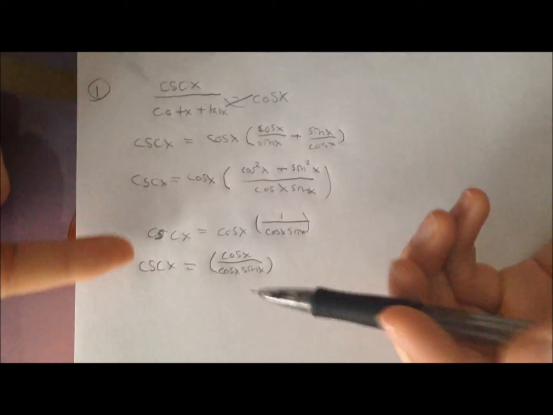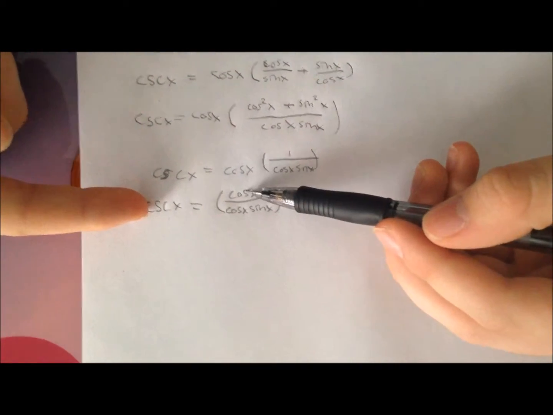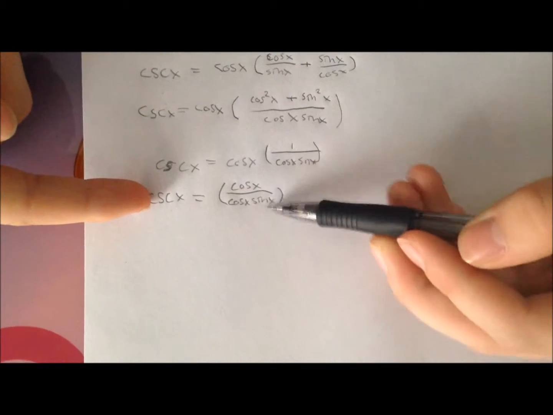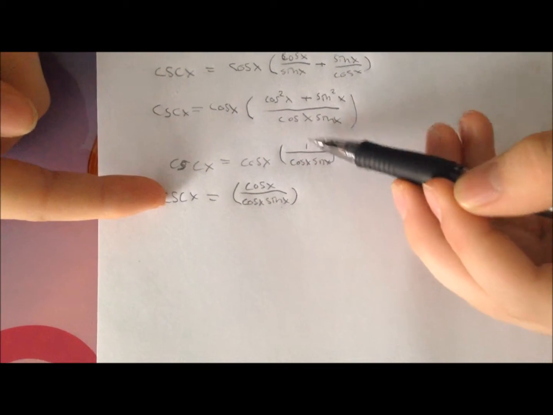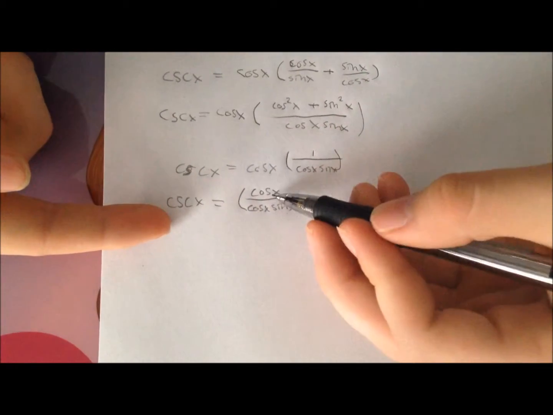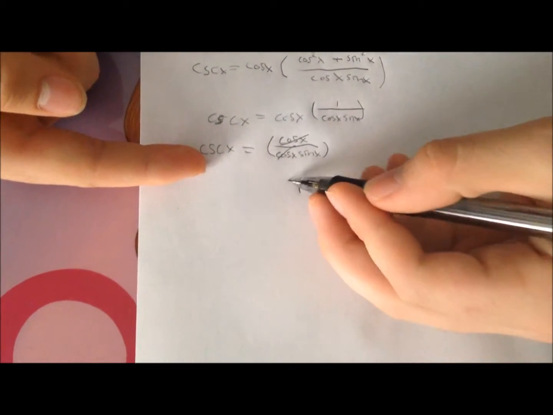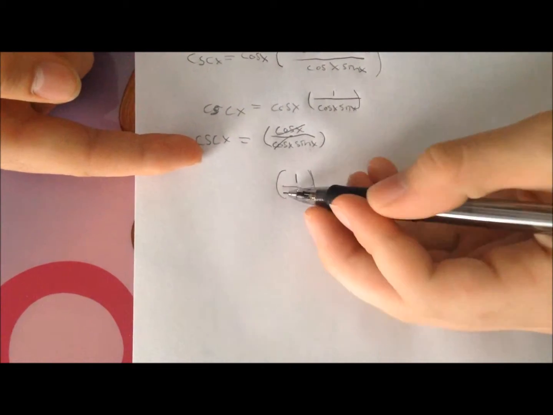Alright, so the next step in this equation is cosecant x equals cosine x over cosine x times sine x, because when you times it out, that equals cosine x over cosine x times sine x. And the next step, you just cross these out, and that leaves you with 1 over sine x.